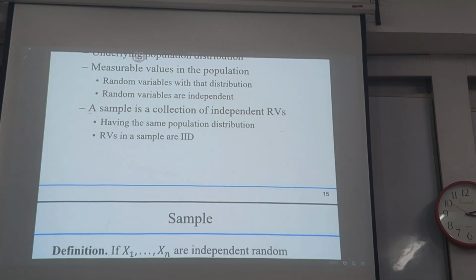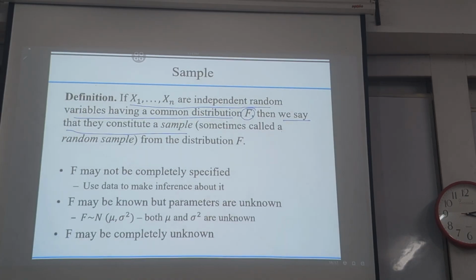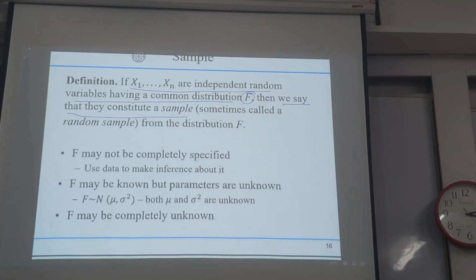So normally a sample is a collection of independent random variables having the same population distribution, and they are IID. More formally from the text, if X1 to Xn are independent random variables having a common distribution F, then we say they constitute the sample. But if this sample is from a particular population, then this distribution should be the same as the population distribution.